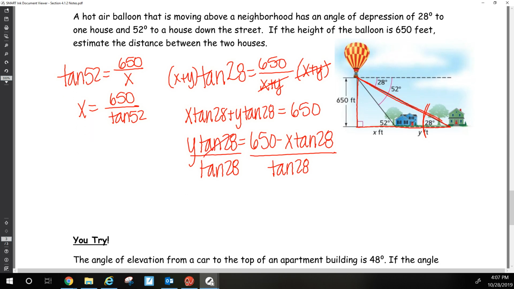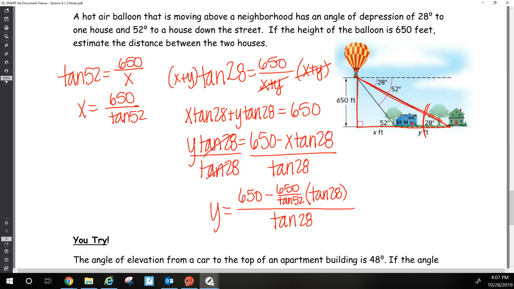And so over here, these guys cancel, and I get y is equal to, and now I'm at a point where I'm going to plug this in for x here. So I get 650 minus x, which is 650 over tan 52, times tan 28, all over tangent 28.